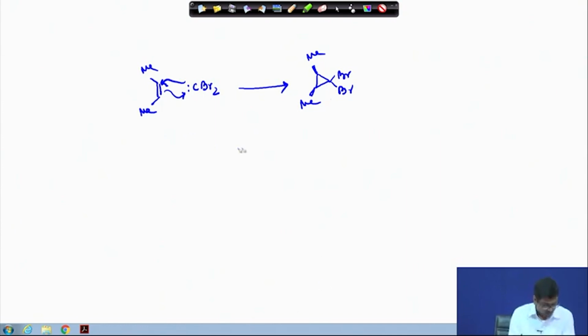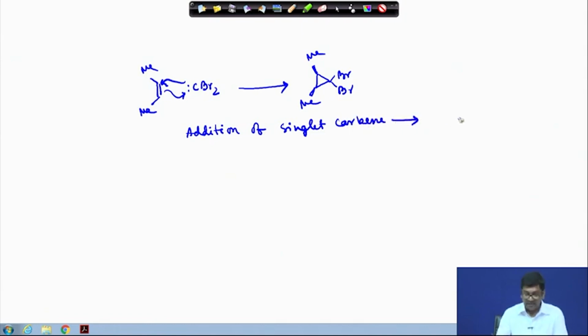So, what we can understand is that the addition of singlet carbene actually happens via a concerted manner.